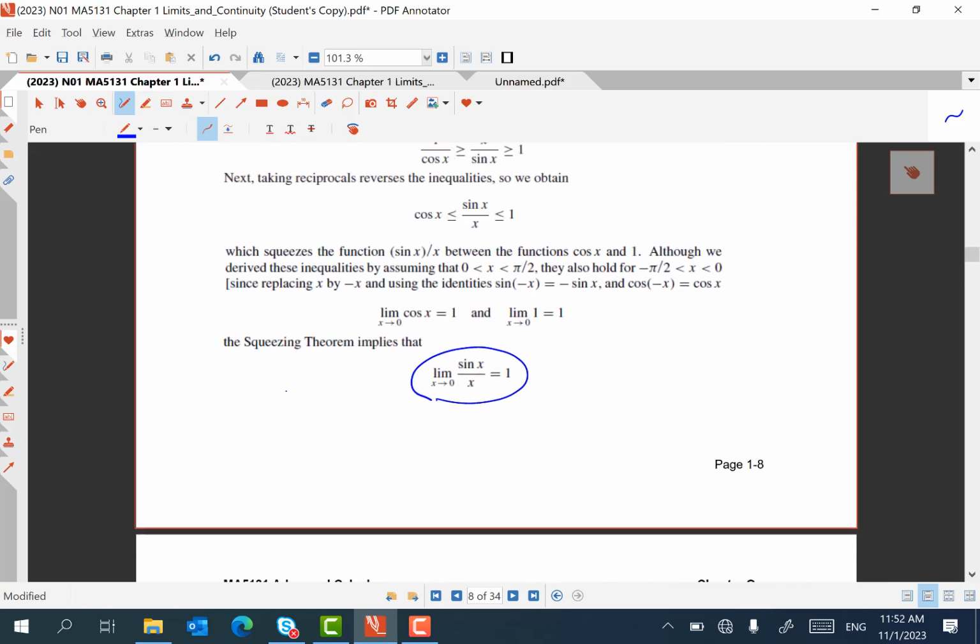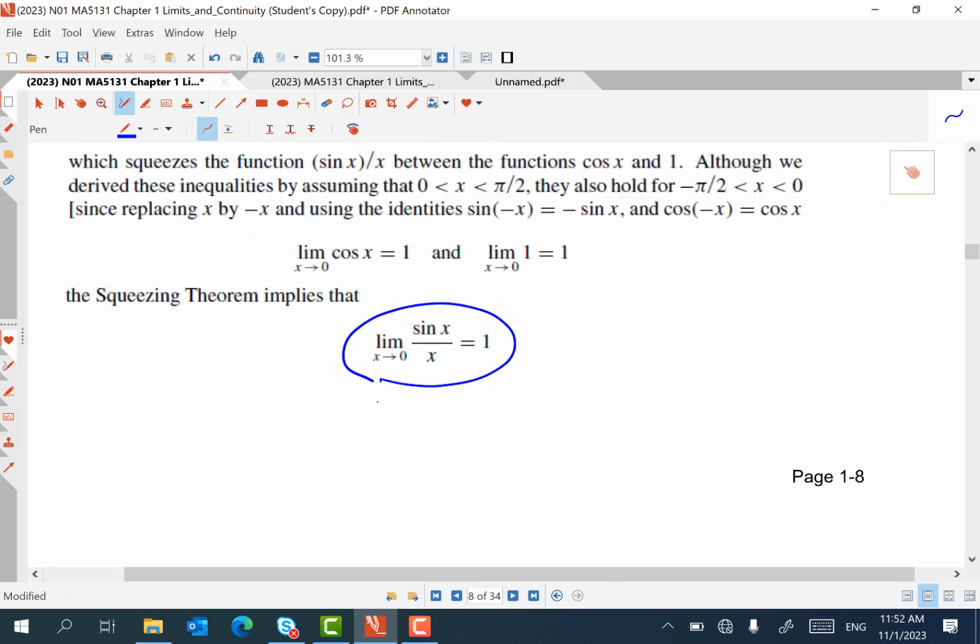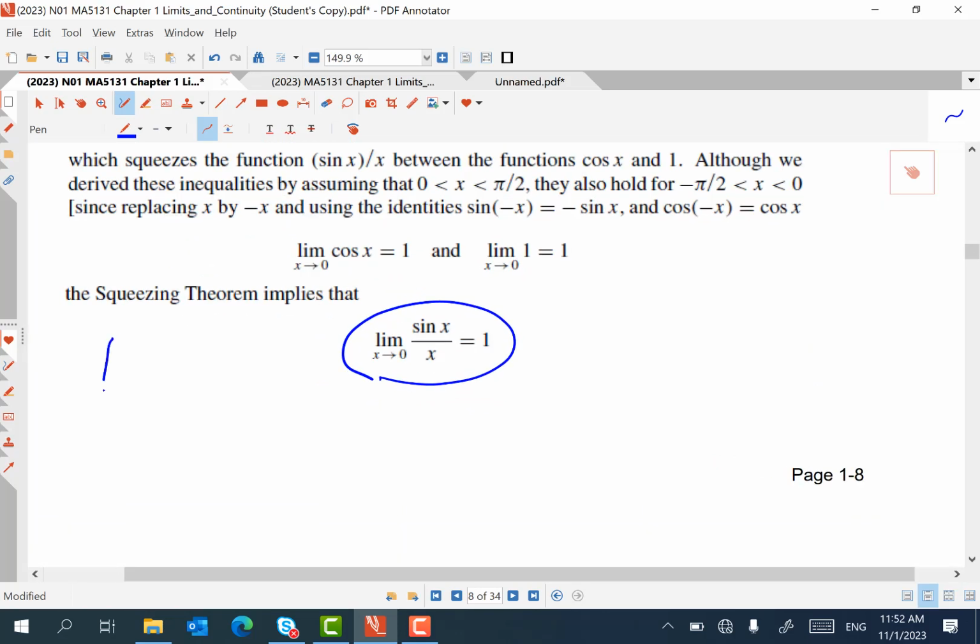Someone clarified this: you can readily apply this result without proof. This is a deduced result.